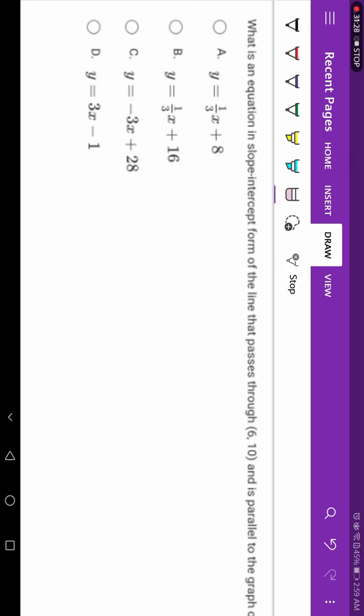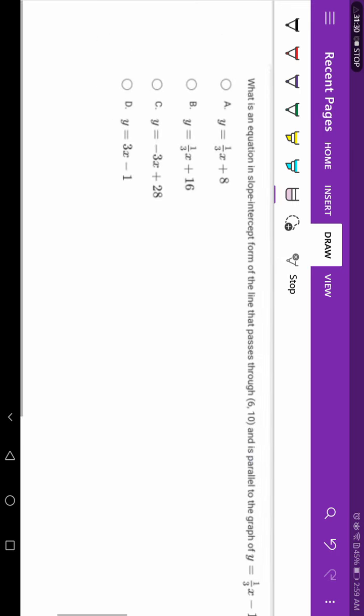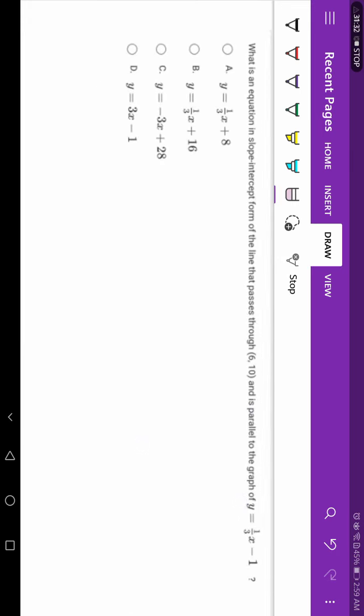Now stay with me in the last example of this revision and life will be easy. What is an equation in slope-intercept form of the line that passes through (6, 10) and is parallel with this equation? So here, if he gives you a point and an equation, you have to be happy.